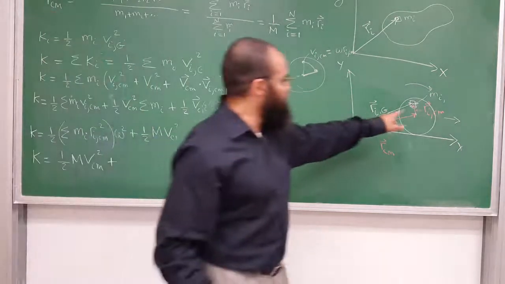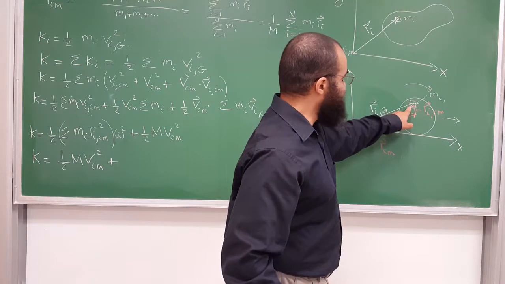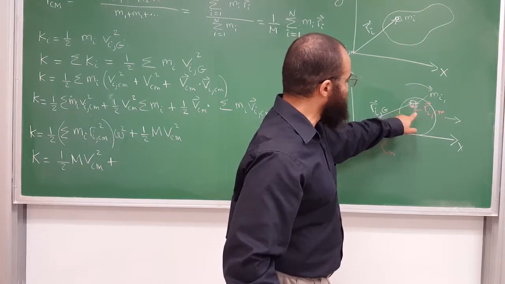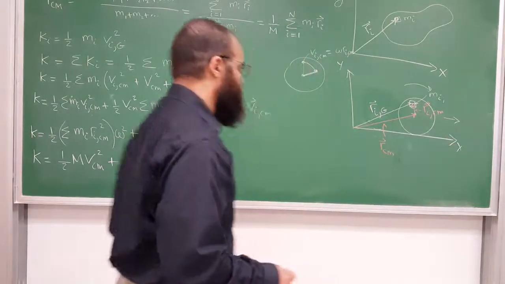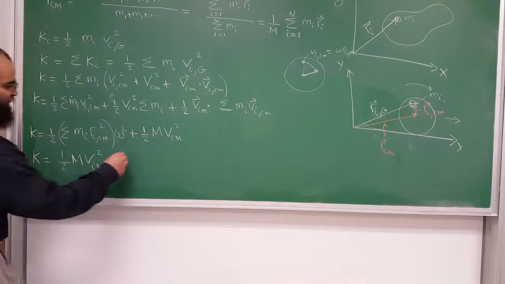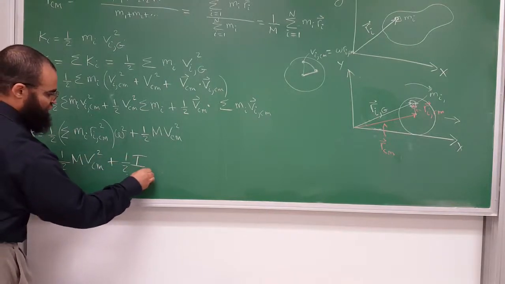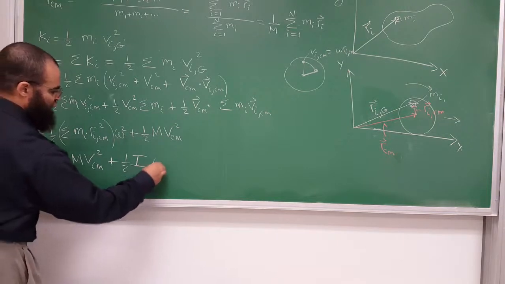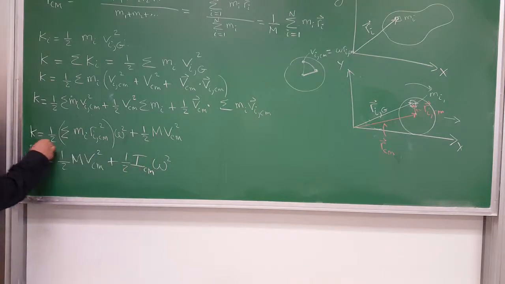You take the mass of that body and how far it is from the center of mass squared, then you add them and you get the moment of inertia. So it's 1/2 the moment of inertia relative to the center of mass times omega squared. So it's nicely broken up. Remember, 1/2 mv squared plus 1/2 I omega squared. That is the total kinetic energy.